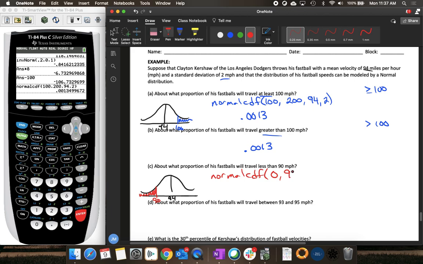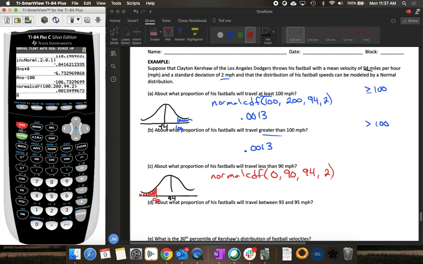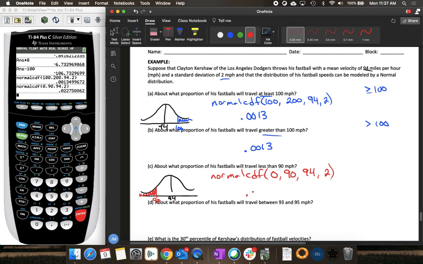For upper, we'll use 90, and for mean and standard deviation, we'll use 94 and 2. So going back to our normal CDF option, for lower we're going to use 0, upper is 90, and mean and standard deviation we're going to leave the same. And that tells us that only about 0.0228, so a little bit over 2% of his fastballs will go less than 90.